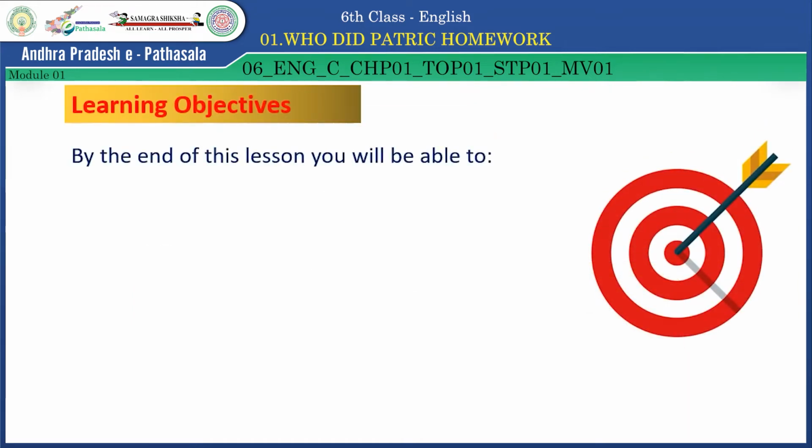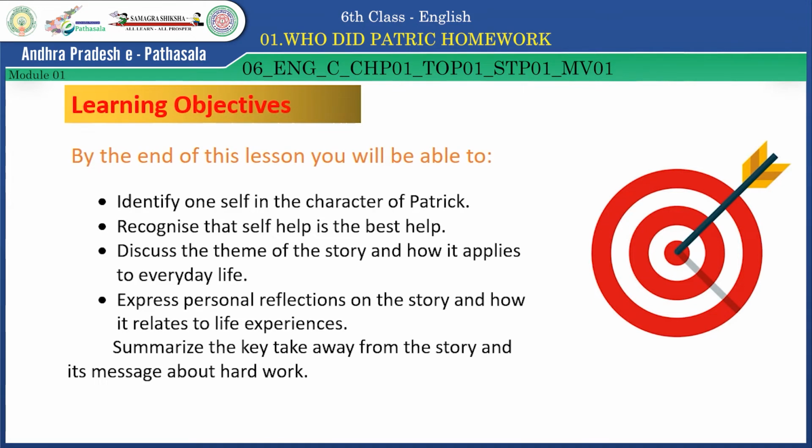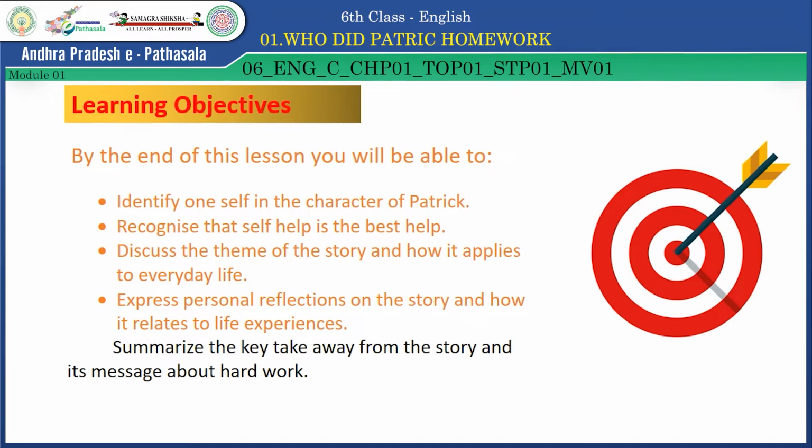By the end of this lesson, you will be able to identify oneself in the character of Patrick, recognize that self-help is the best help, discuss the theme of the story and how it applies to everyday life, express personal reflections on the story and how it relates to life experiences, and summarize the key takeaway from the story and its message about hard work.